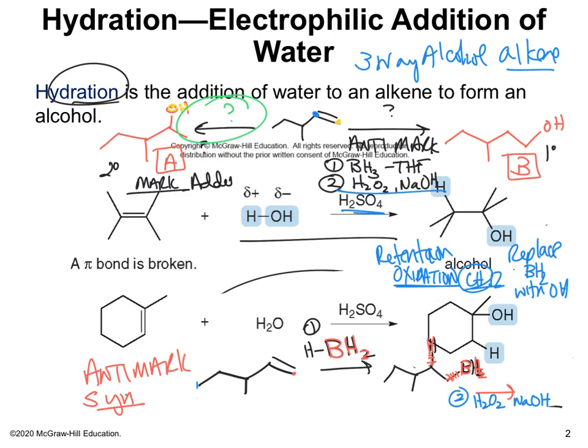So what does that mean? That means when you draw this product, there's your H and there's your OH. And so this is a way to make the anti-Markovnikov alcohol, the primary alcohol here.